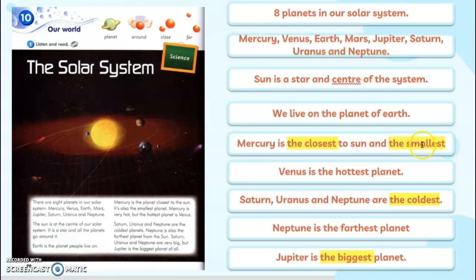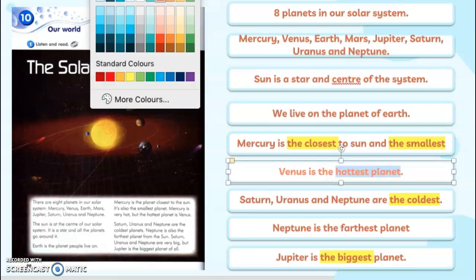Remember in the previous lesson we learned about comparative adjectives, whereby you say shorter than, bigger than, but now this is the closest. This one is a superlative adjective, the closest, the smallest. Venus is the hottest planet, so hottest is also considered a superlative adjective.